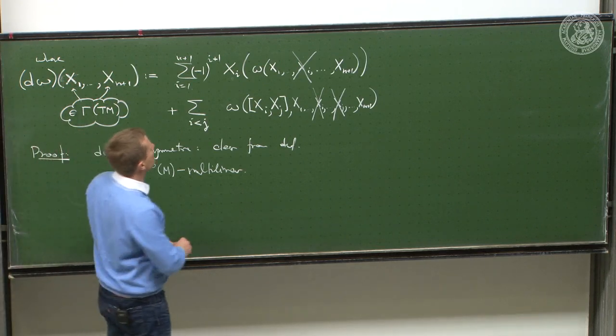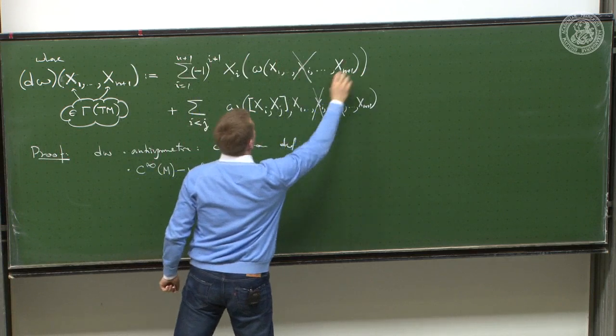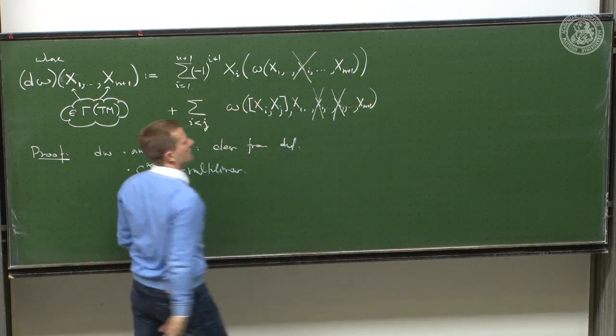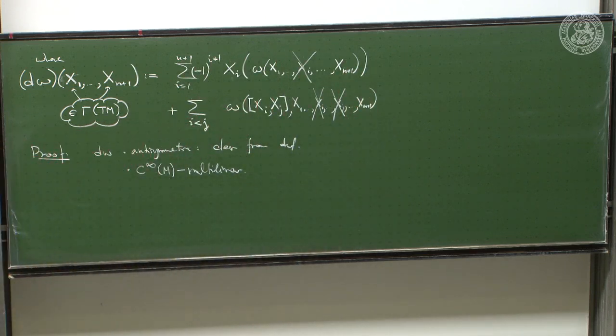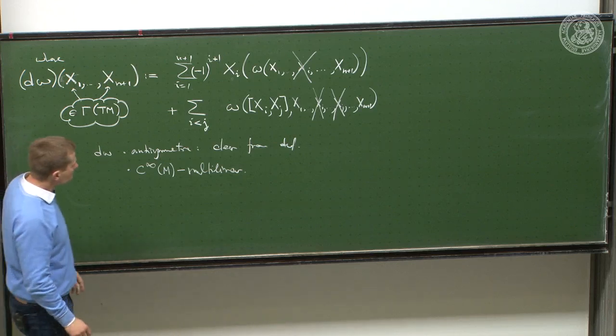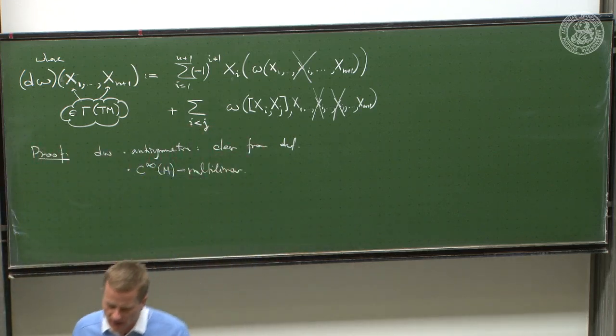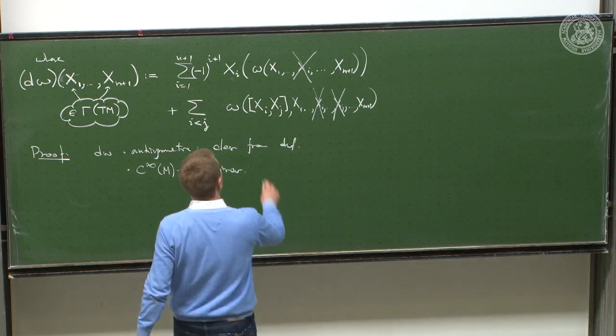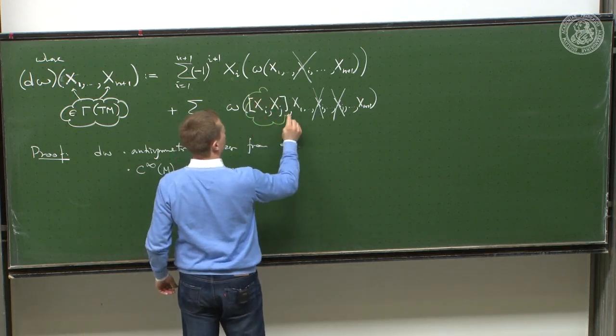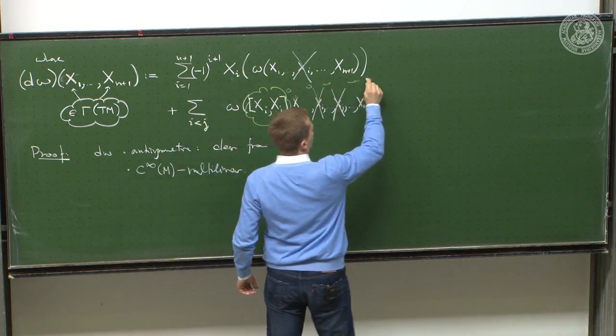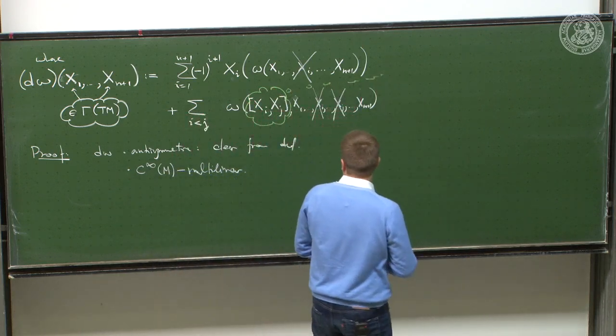And in fact, intuitively, one wants to have this, but this extra term here is to ensure the C infinity multilinearity so that this is really a tensor field. Okay? So, yeah. So I need to explain to you what this commutator is. Well, the commutator of 2 vector fields, okay, so what is this?